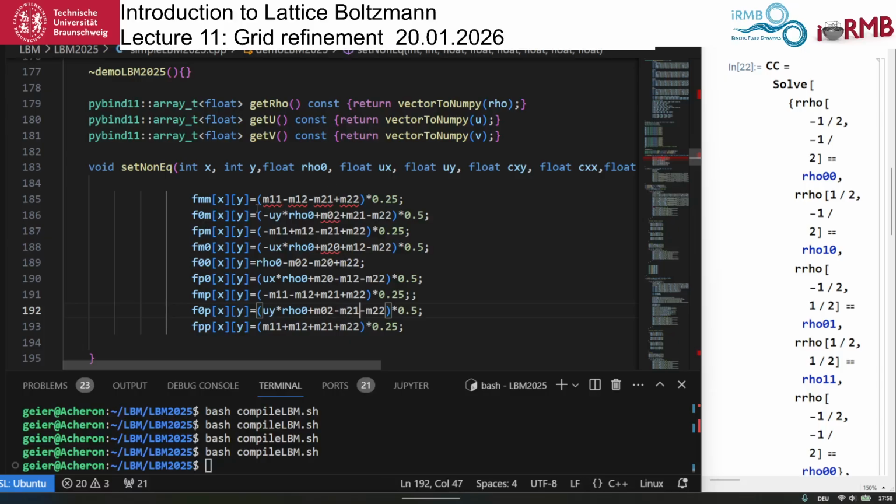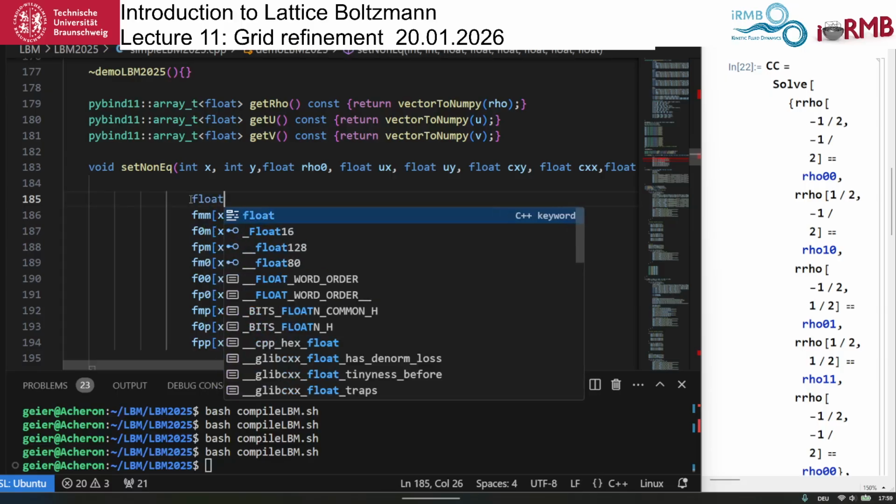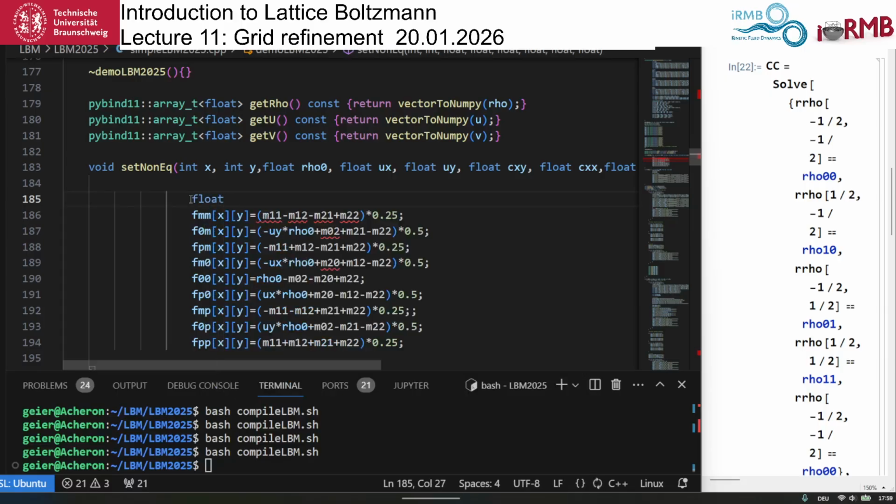Now we need to have these moments somehow, right? So now we generate these moments. So float M11. Now suppose this here is the cumulant.